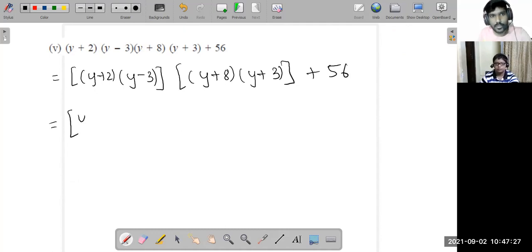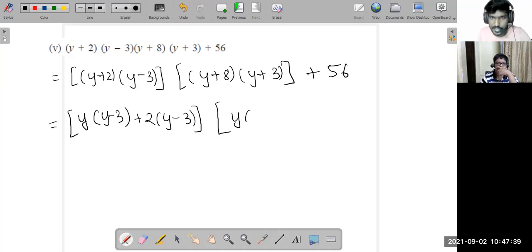So this will become y into y minus 3 plus 2 into y minus 3. Same thing in the other bracket. y into y plus 3 plus 8 into y.